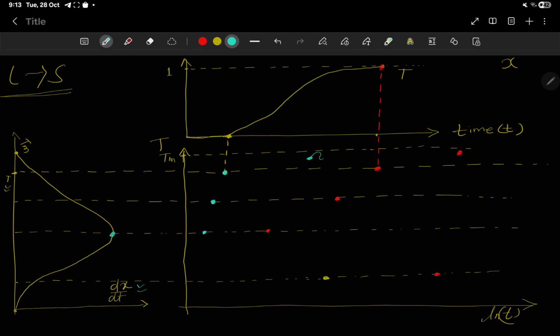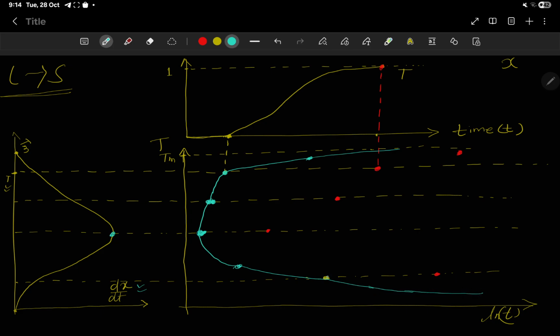Now let's try to draw these points. Here it tends to infinity, and here it will just touch these points. Here it will be the maxima, and if some point is in between, then this curve will decrease and touch this, and further it will go like this.